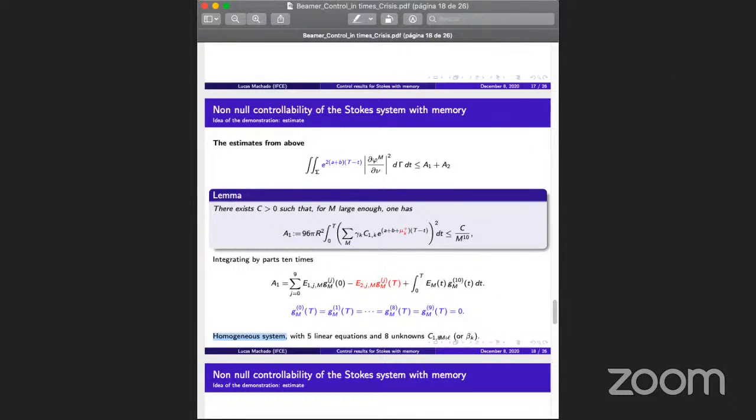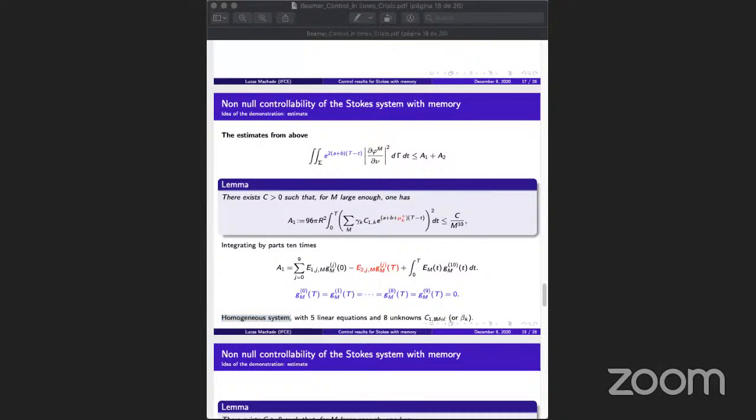Any other questions? Morgan Mohansei says, how robust is the lack of controllability with respect to the regularity of the considered initial conditions? Can controllability hold if one considers more regular initial conditions?